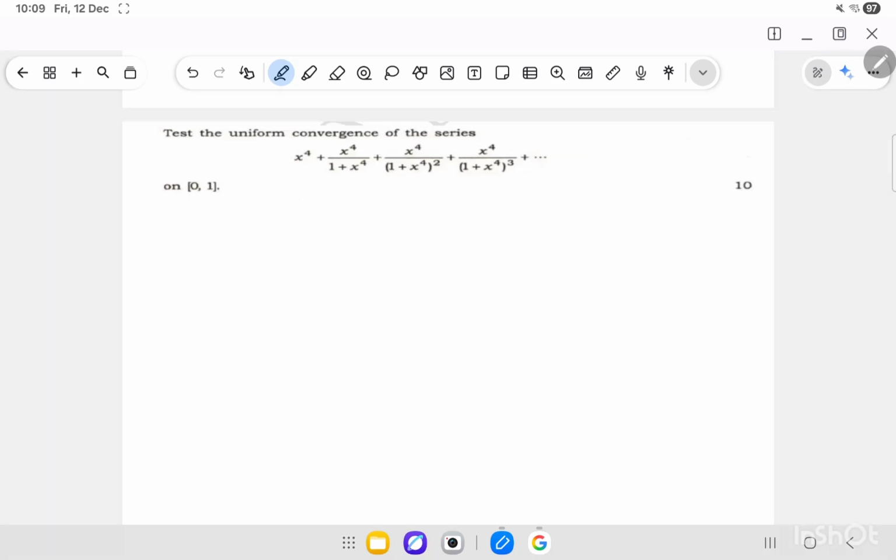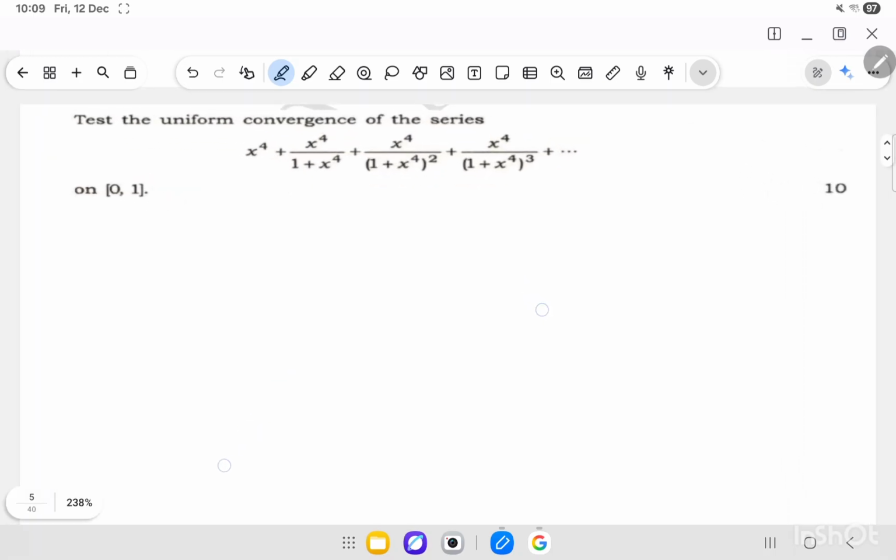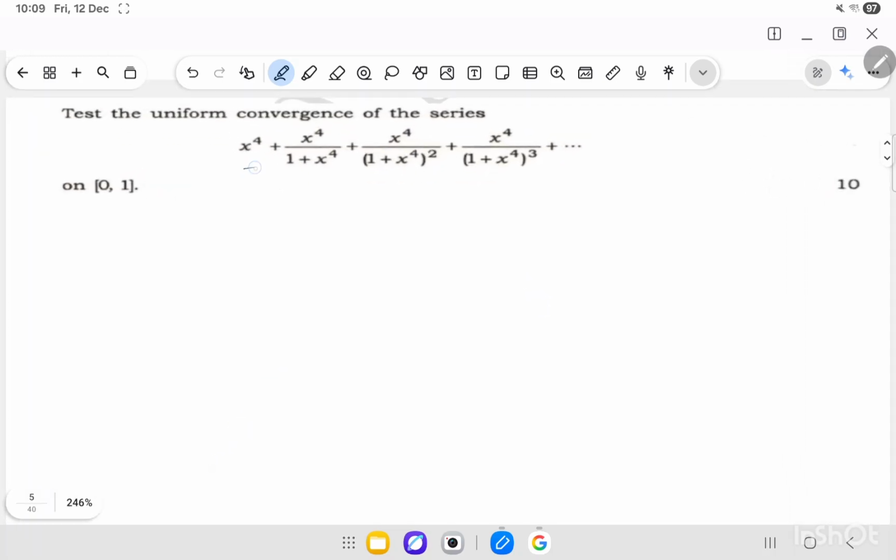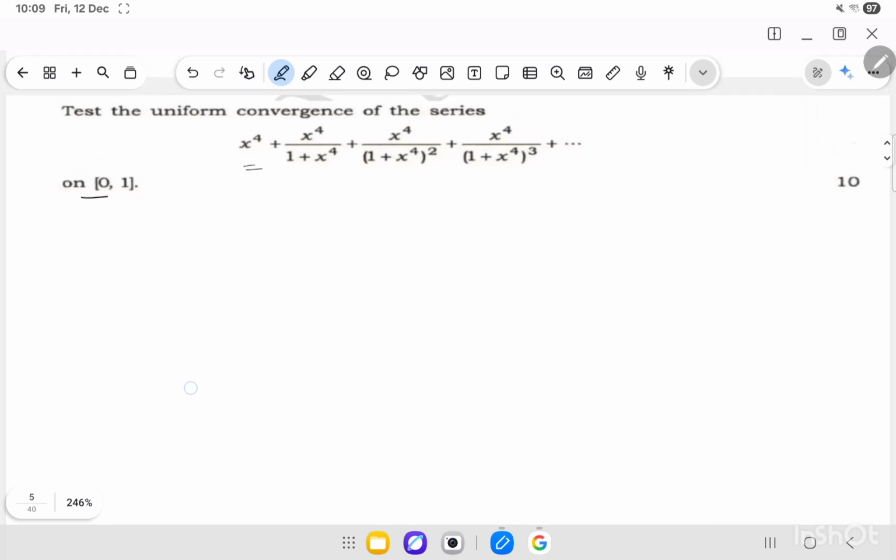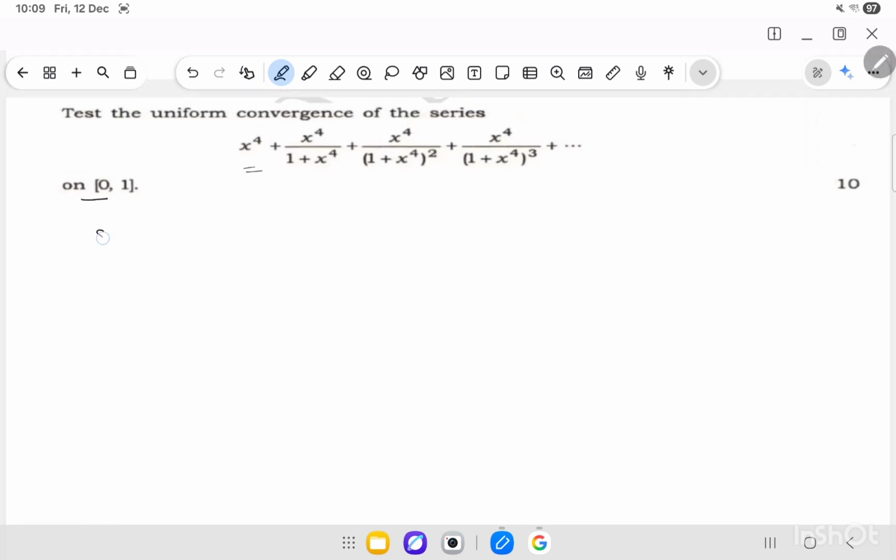The next question is to test the uniform convergence of the series. This is basically the given series, and we are supposed to check its uniform convergence on the closed interval [0, 1]. So first let us evaluate its partial sum of n terms. Let's denote it by Sn(x).